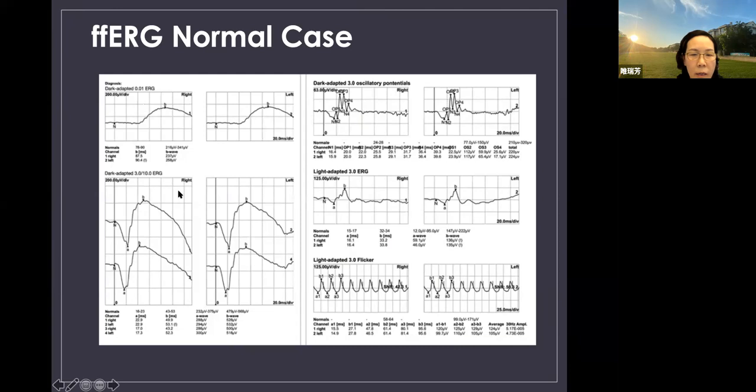We can see we have very low noise, very good looking waveforms. Although I only show one waveform, we repeated several waveforms, and they are repeatable, and we also choose a representative waveform and print it out.